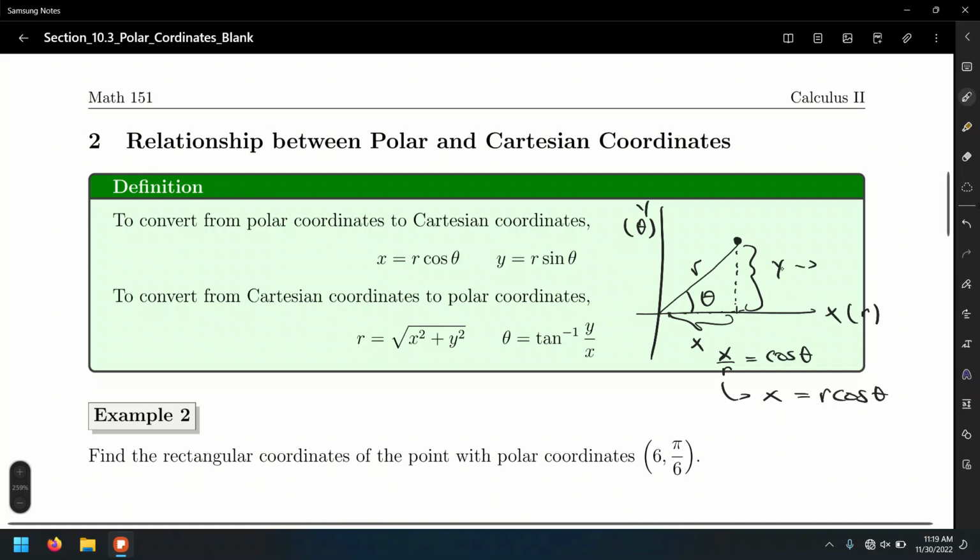And same here, y over r equals sine theta, which results into saying y equals r sine theta, which is that second formula, where that second formula is coming from. And these two formulas are to retrieve the x and y location given a radius and an angle in this case.